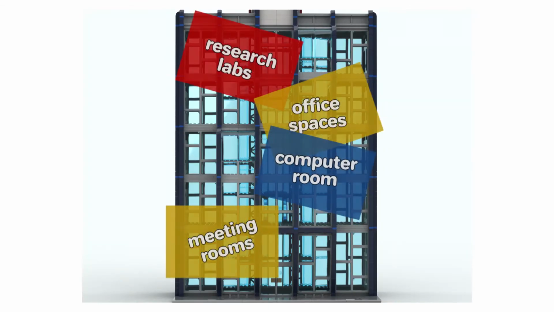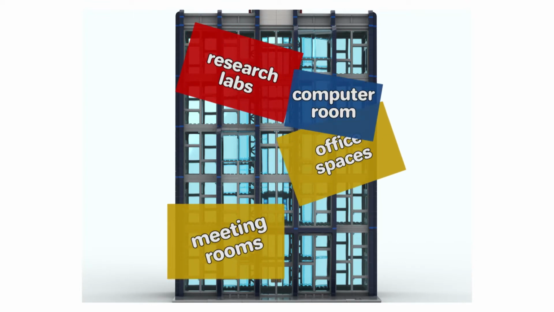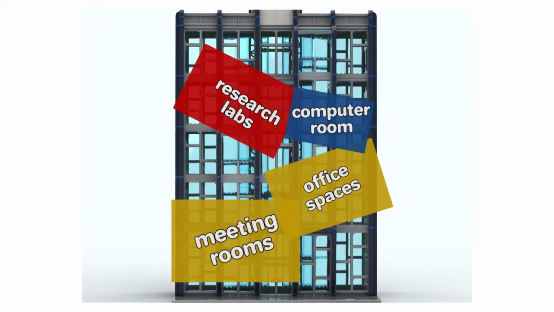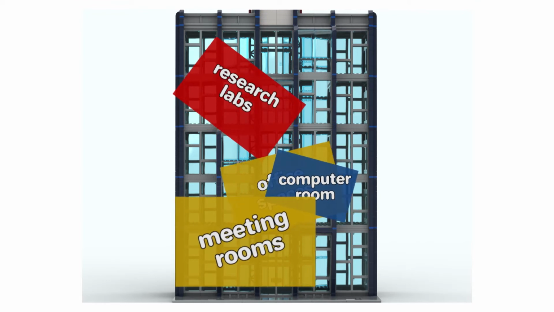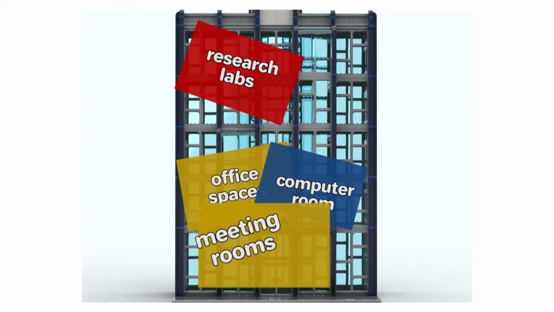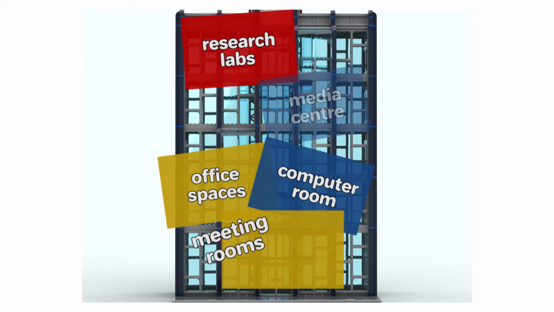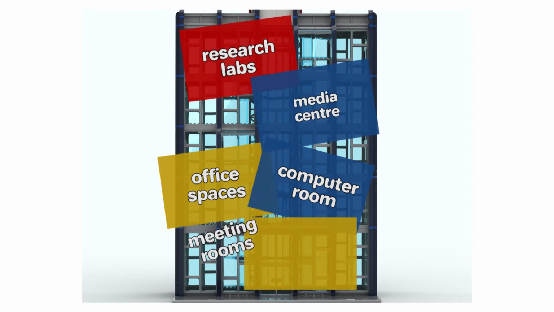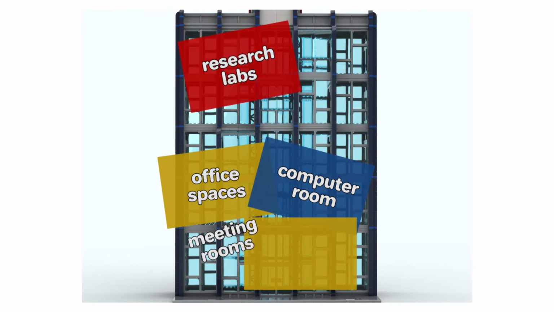I spent quite a lot of time considering what areas I wanted and where to put them. It became a bit of a 3D jigsaw puzzle. But instead of explaining all that, I'll just show you the main areas that I want in the building.